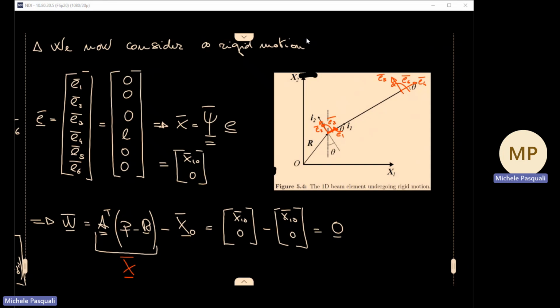It means that in this case, the exact same element type, but used within another formulation, which make reference to another frame, associate 0 displacement induced by deformation as a consequence of a rigid motion, as it should be. So therefore, U, I don't rewrite U. U is the same as before, huh? The energetic.